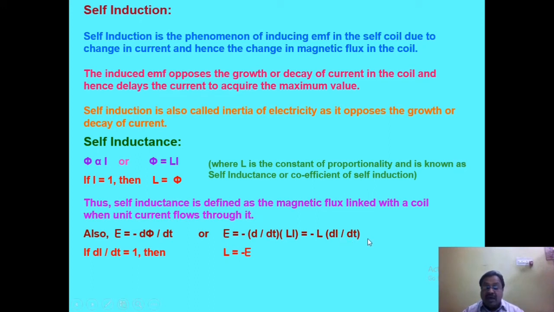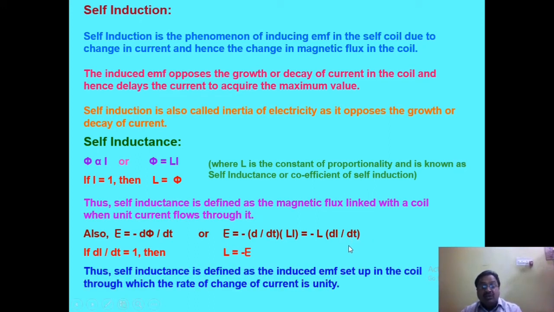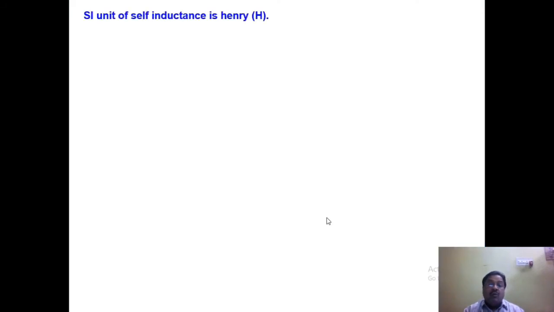Put di by dt equal to 1, then you get L equal to minus E. So, this provides another definition of coefficient of self-induction or self-inductance: it is defined as the induced EMF set up in the coil through which the rate of change of current is unity.